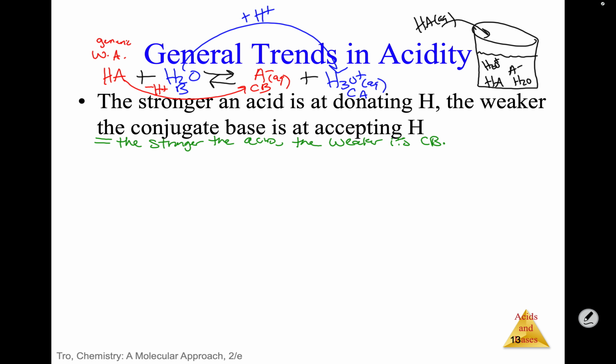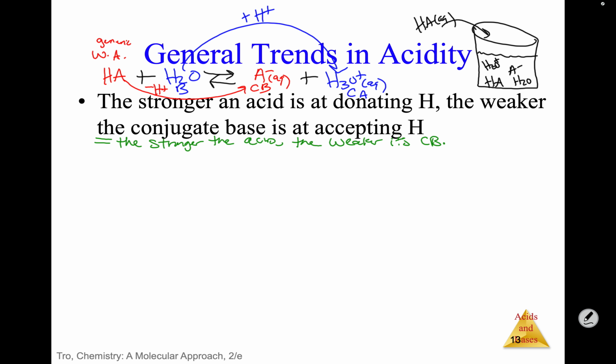Also, it's equilibrium. All four of those species are in the beaker together. Think about Le Chatelier's principle, shifting equilibrium left and right. But in terms of those four species, only one of them makes the solution acidic. What is it? It's the H3O plus, the hydronium.